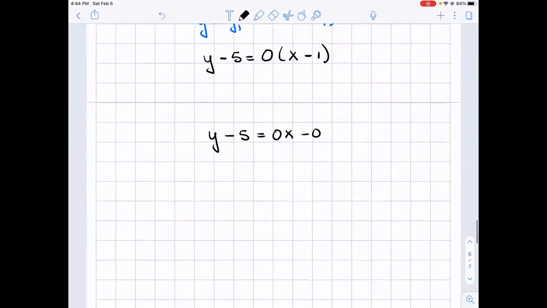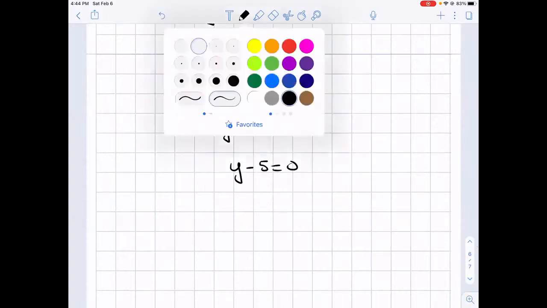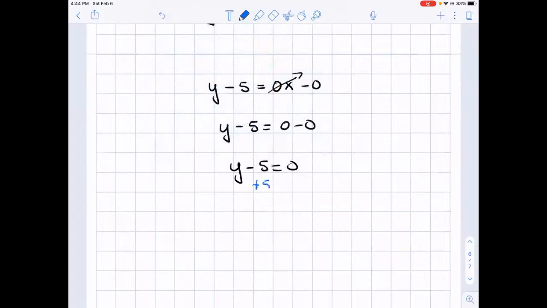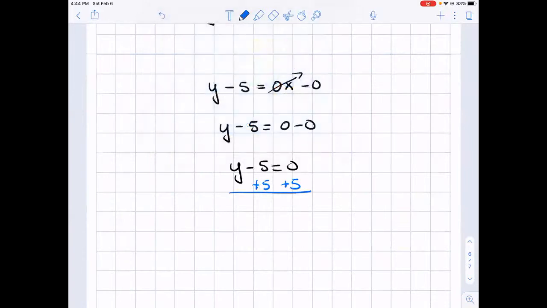Okay. Now 0x is the same as 0. So y minus 5 is equal to 0 minus 0. 0 minus 0 is 0. And then we add 5 to both sides. And that leaves me with y is equal to 5.